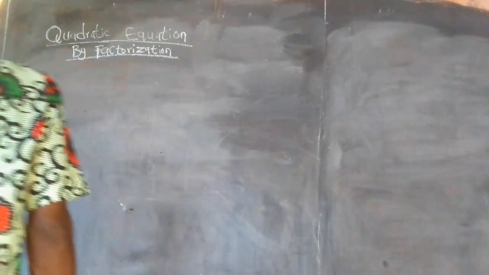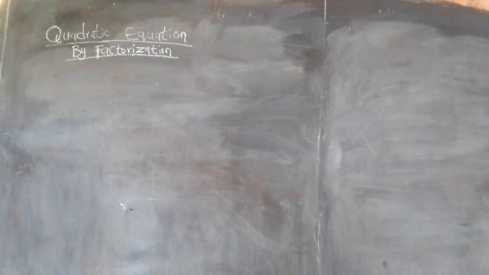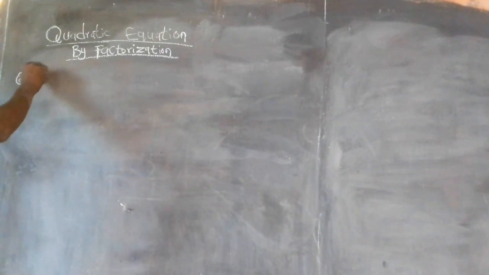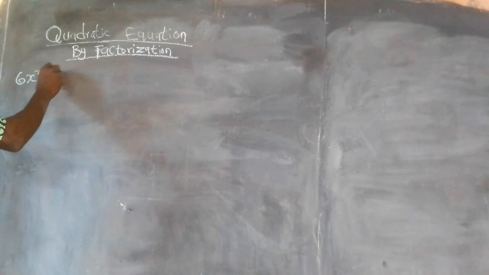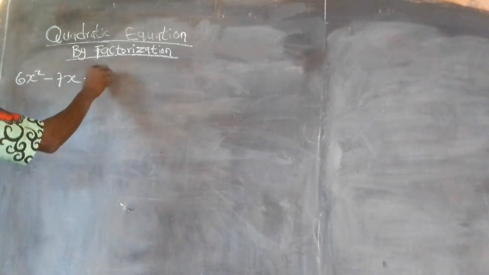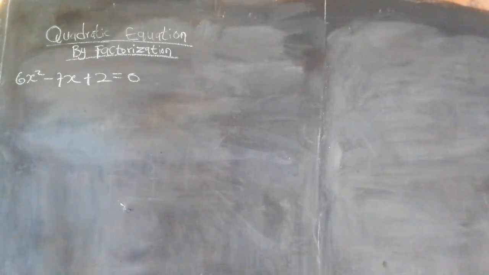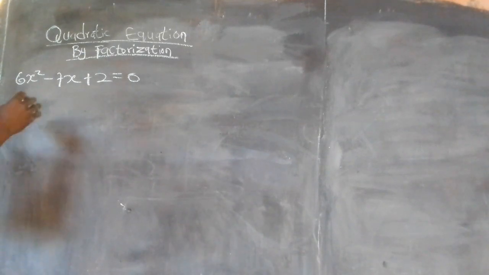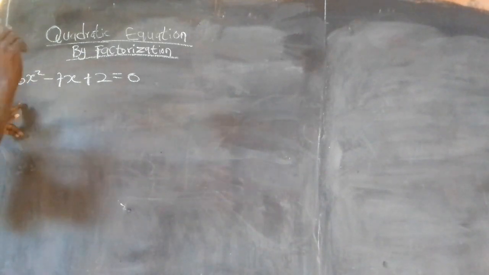Like we have 6x squared minus 7x plus 2 is equals to 0. Now, look at this question. You are going to factorize.